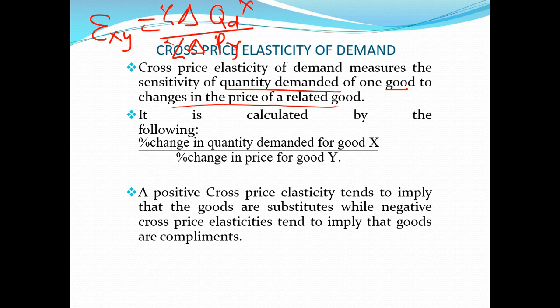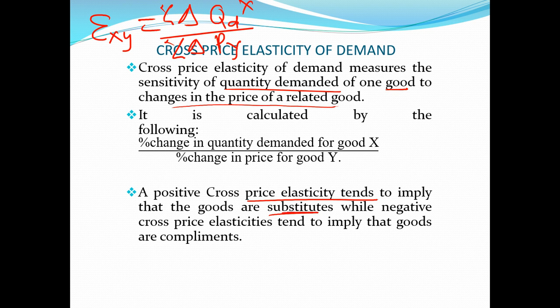An increase in the price of cigarettes will force the consumer to stop smoking and instead substitute smoking with alcohol drinking. So the demand for alcohol will increase, because people will run away from smoking and run to alcohol. So a positive cross price elasticity tends to imply that the two goods are substitutes.